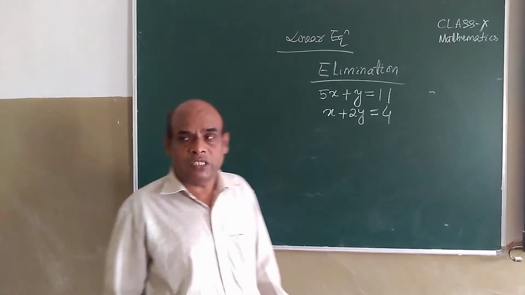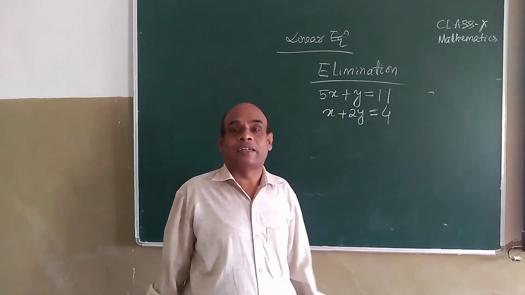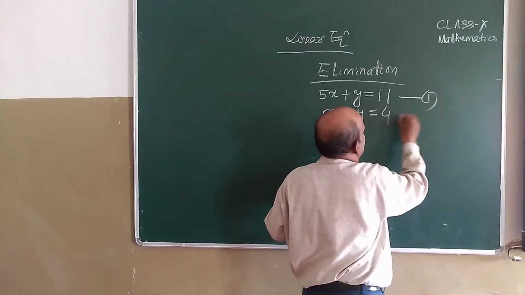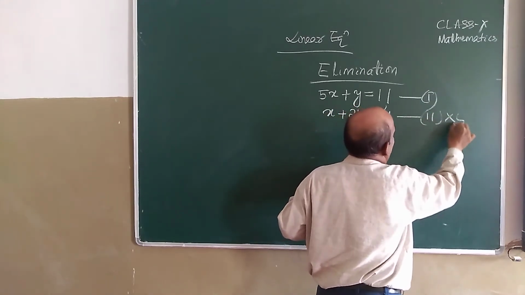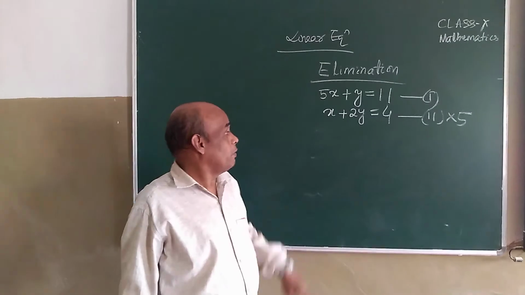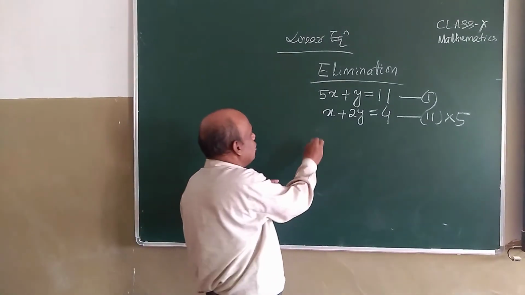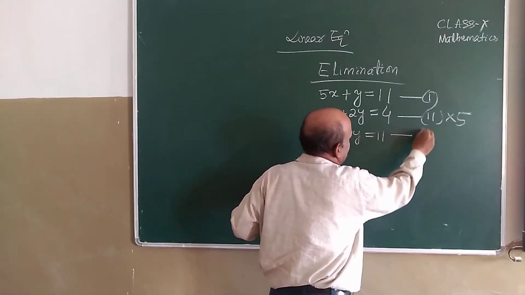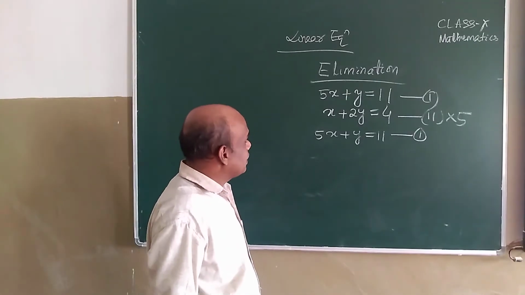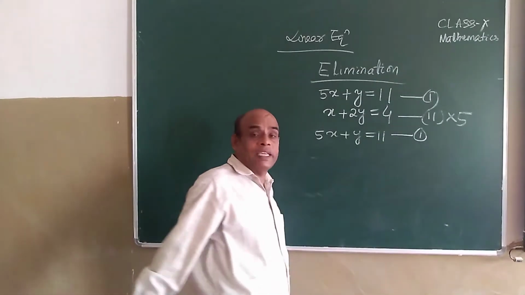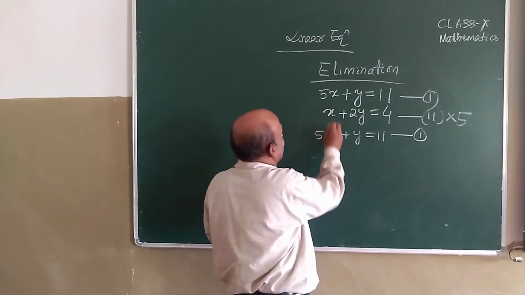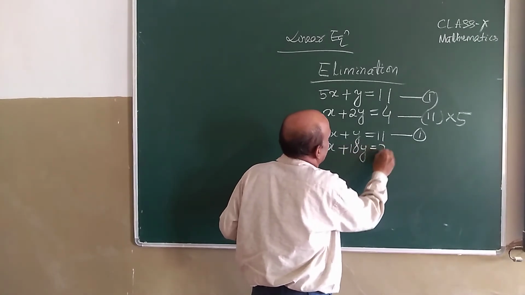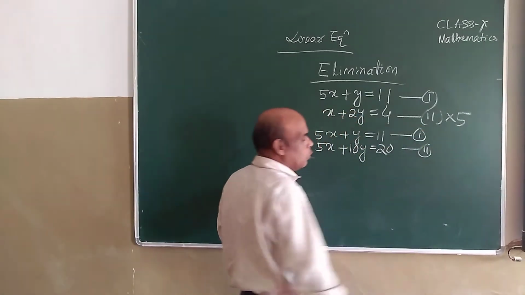In the first equation 5x is already there, but in the second equation it is x. So you multiply the second equation by 5, because then this x will be 5x. The first equation stays 5x plus y is equal to 11. The second equation, after multiplying by 5, becomes 5x plus 5 into 2, 10y, is equal to 20.